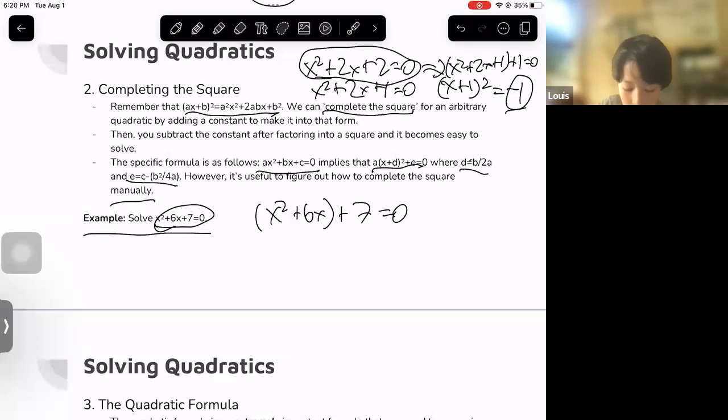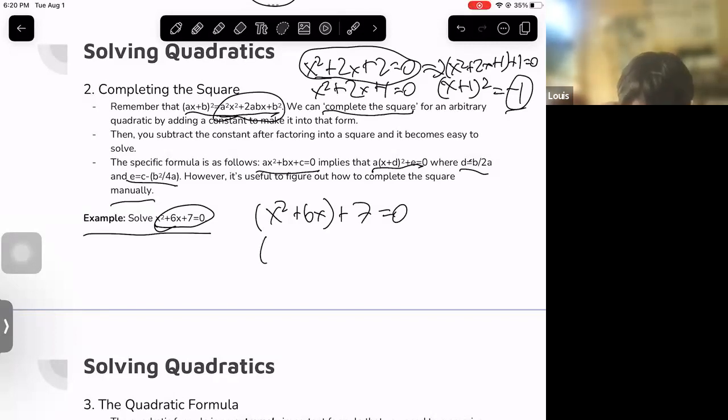So using the formula right here, we know that a would equal 1. So we have 2b equals 6, so b equals 3, so b squared equals 9, so the constant will be 9.